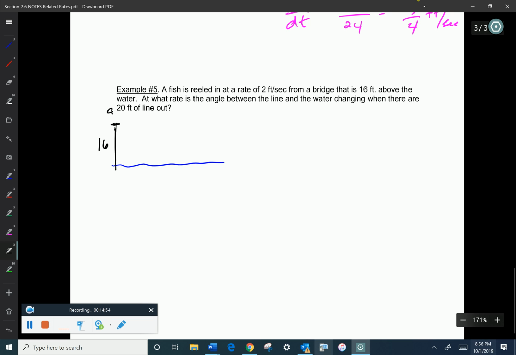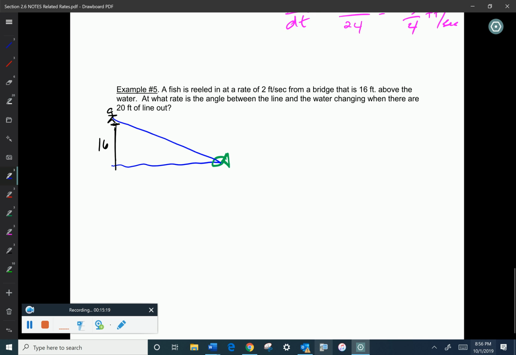So my guy is standing right up here, and he's reeling in this fish. Okay, so here's my fish. I don't know, what does a fish look like? Something like that. I have no idea. Okay, there's this fish that is getting reeled in, and so he's got his fishing line attached to the fish.